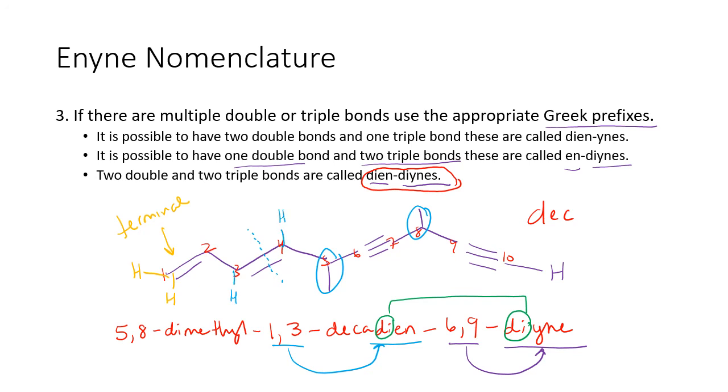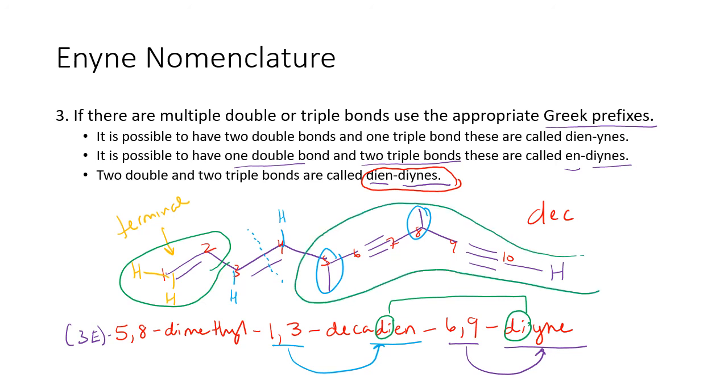So since hydrogens are on opposite sides, the other high priority groups, which are the actual R groups, must be on opposite sides as well. So this is going to be 3E because our high priority groups are on opposite sides. So this whole thing would be a priority group, and then this whole thing would be the other high priority group because hydrogens are going to be the lowest priority thing that you can see.